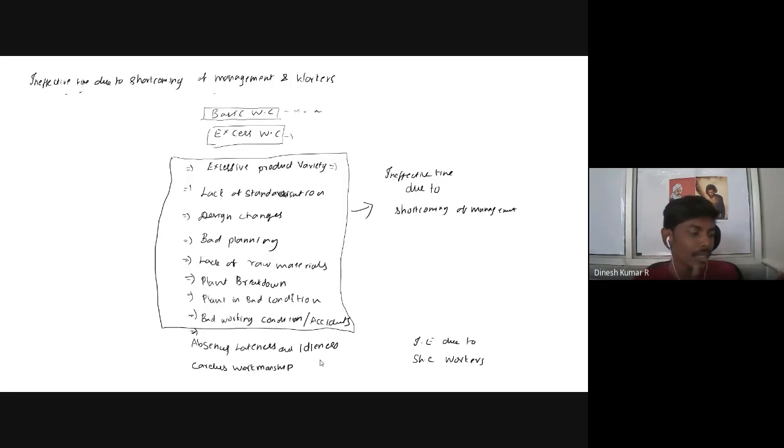If I start doing this in the online class, the only problem is no one will respond except a few who are responding. The others who are idle or careless, who think, I just want attendance, I'll just log in and do some stuff, he's not going to call me at any time. So that is going to cause ineffective time due to shortcoming of workers.